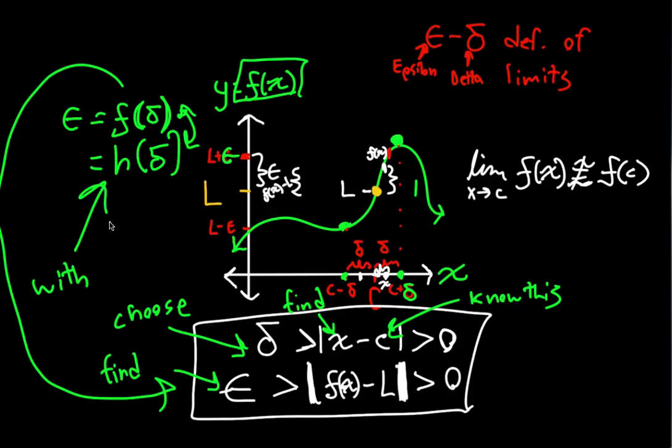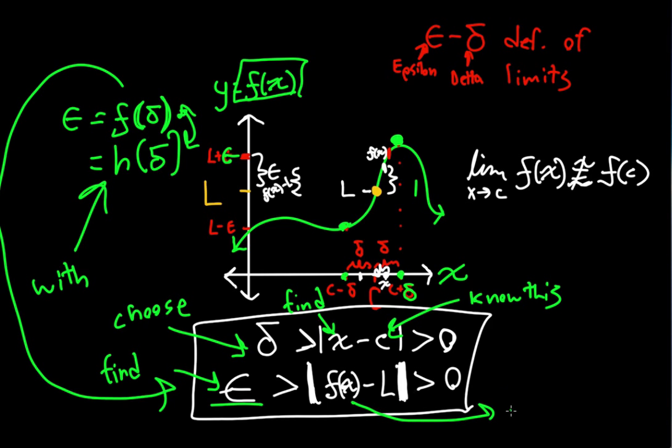So if we know how close we want to get in the x-axis, we can find how close we're going to get to our limit in the y-axis. So we solve for this, and now we don't know what the limit is, but we do know what f of x is because we know what x is. As long as x is not equal to c, we can define f of x. That's the point. So f of x, we know what this is, right?